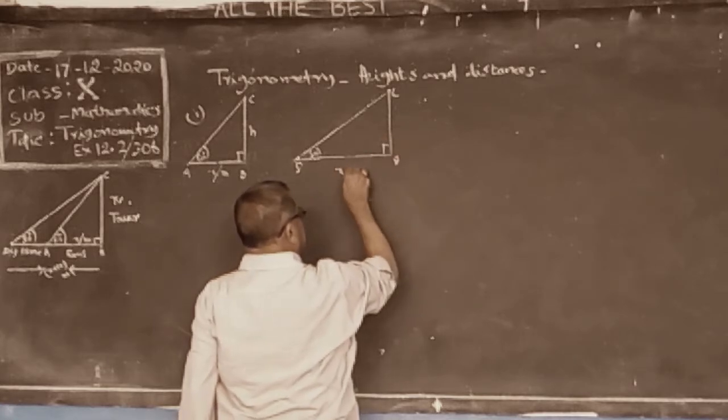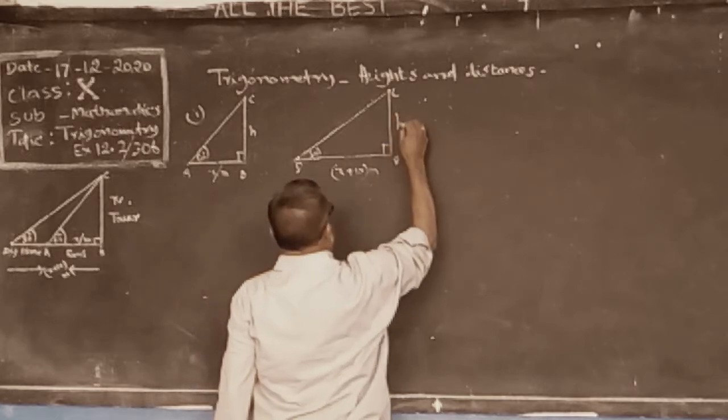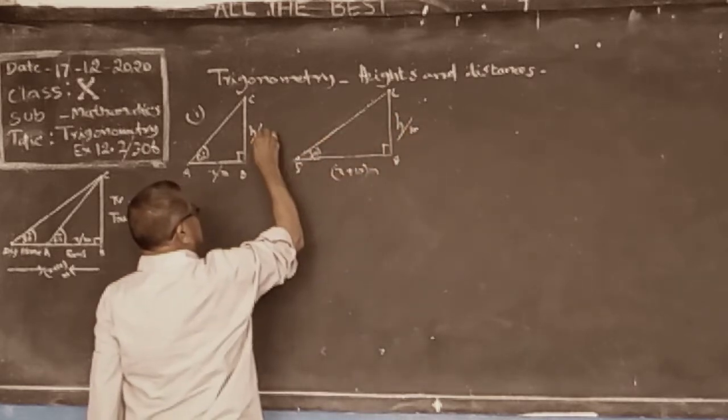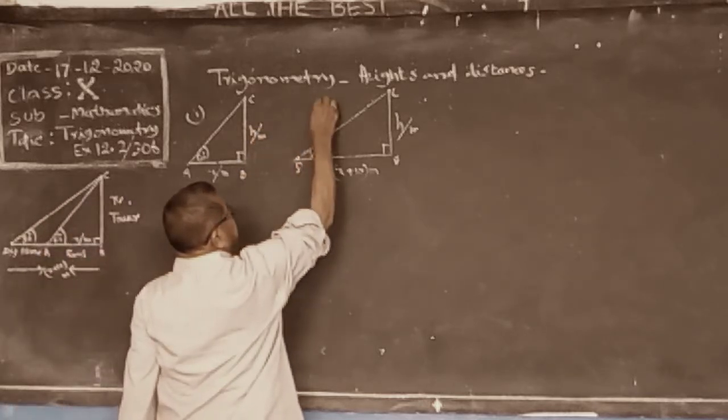This is x plus 10 meters. This is h meters. This is the second triangle.